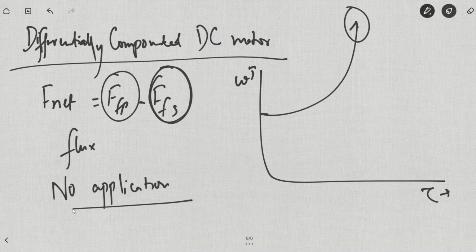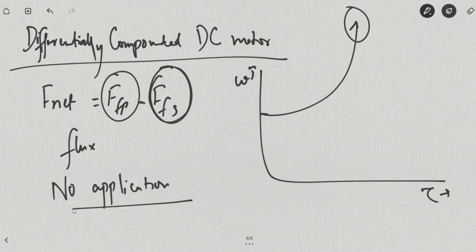It can so happen that a cumulatively compounded DC motor may sometimes act as a differentially compounded DC motor because of the reversal of power. At times the cumulatively compounded DC motor, because of the reversal of power, the armature may be rotating at a much higher speed, and the power direction will change, and it will become a DC generator instead of a motor.